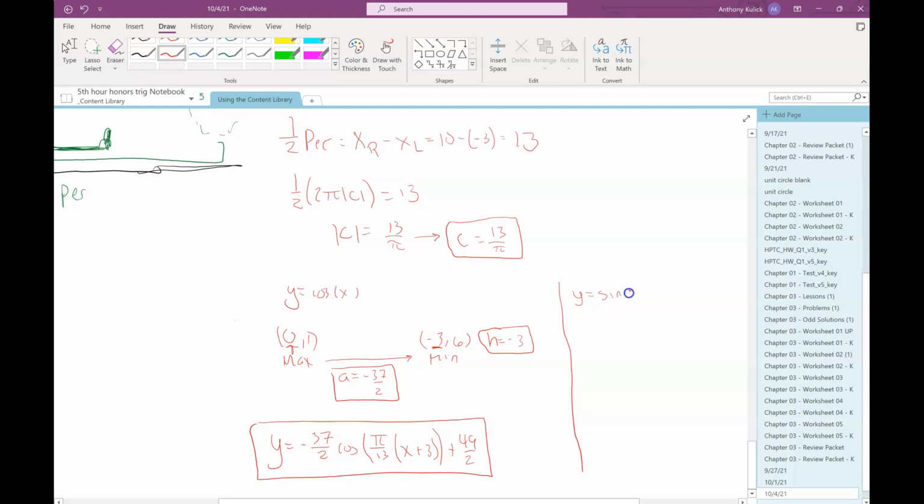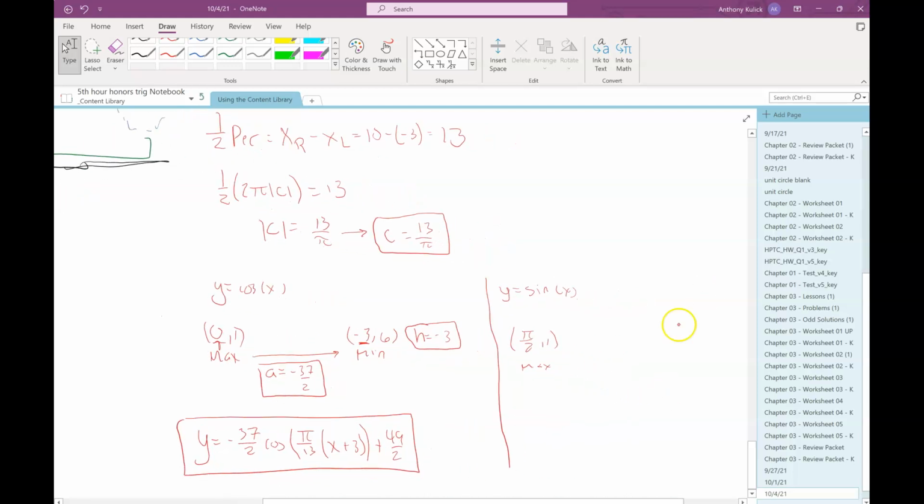Now, suppose I'd use sine for whatever reason. Again, since we have the maxes and mins, I know I have to use an extreme point for my parent function. For sine, I guess I could use pi over 2, 1, which was a maximum. So again, that tells me that the a has to be negative if I'm matching that up to the minimum.